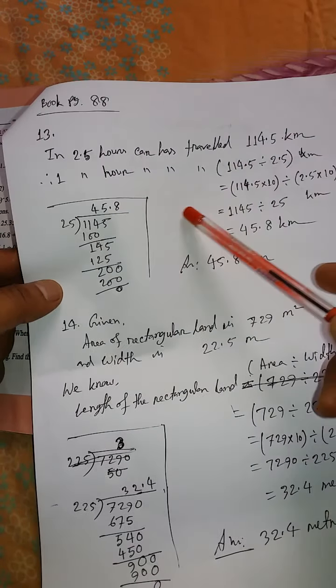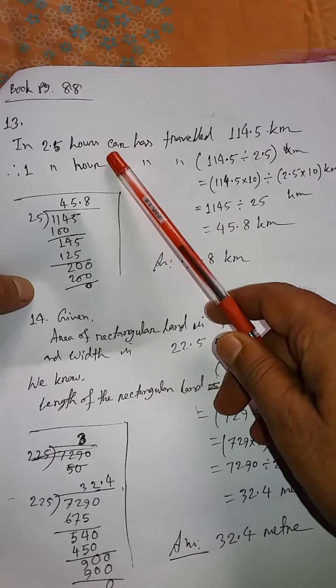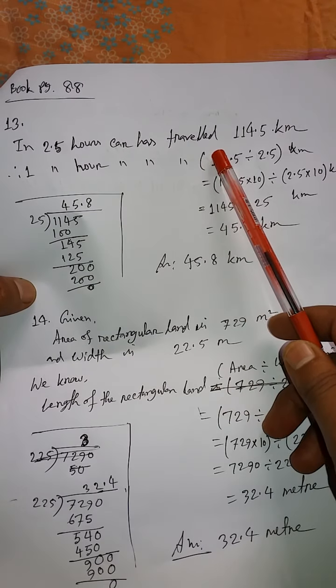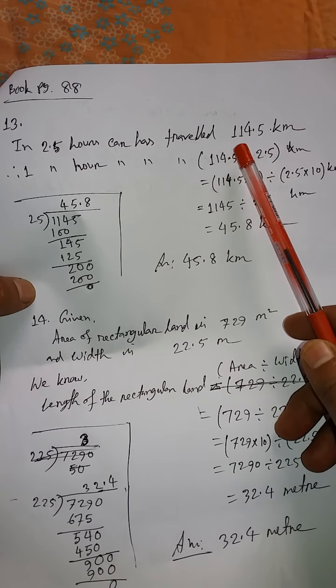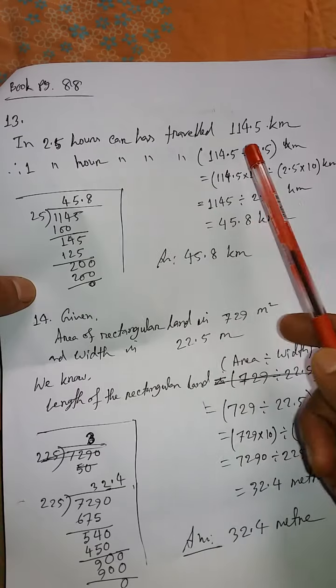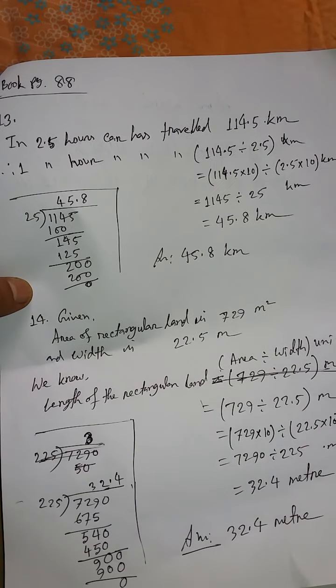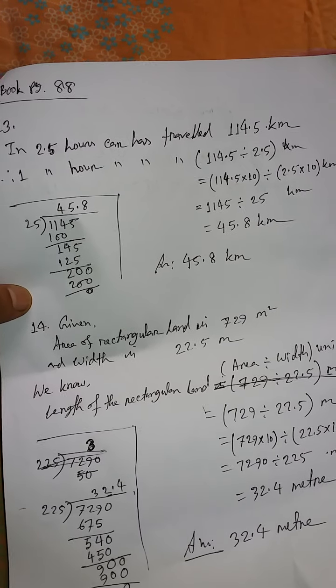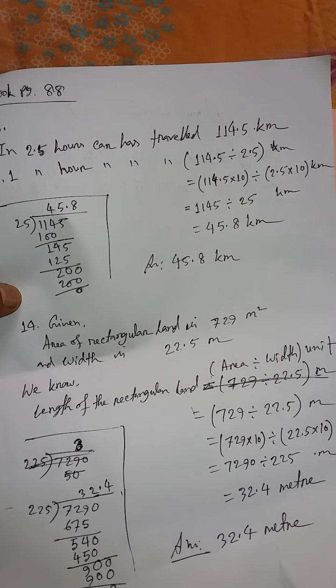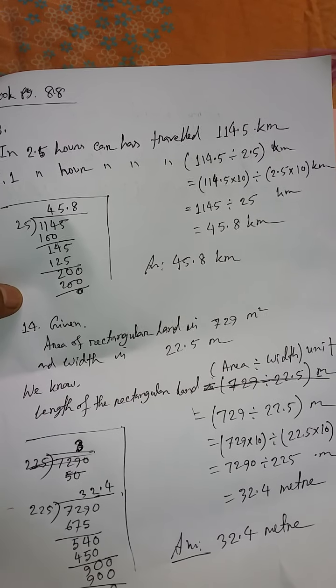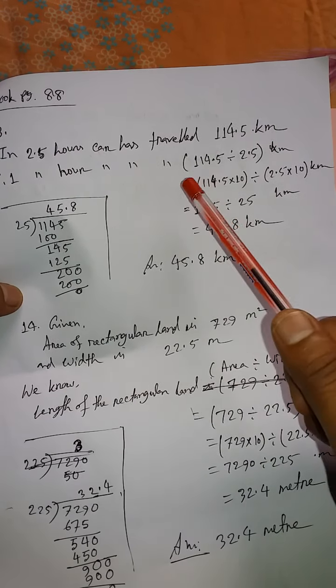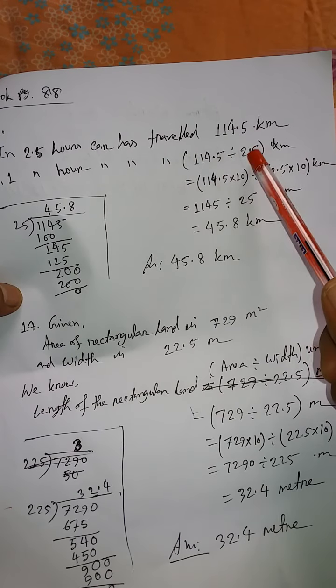So first of all, it's easy. In 2.5 hours the car has traveled 114.5 kilometers. So to find out 1 hour, we have to divide, and whatever we try to find out we write on the right side in the word problem. So 114.5 divided by 2.5.